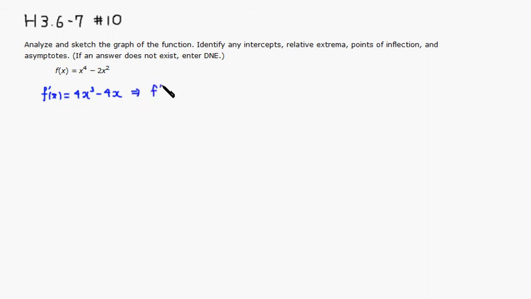The second derivative is going to be 3 times 4 is 12x squared, and minus 4. Right, so factor out 4. You have 3x squared minus 1.